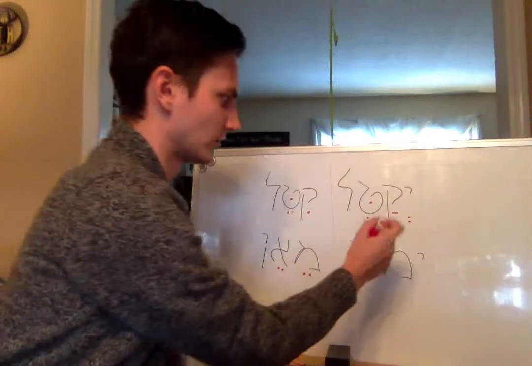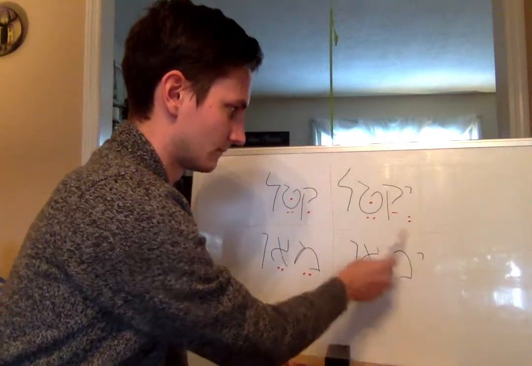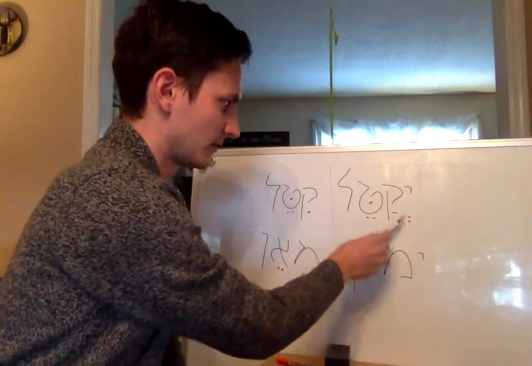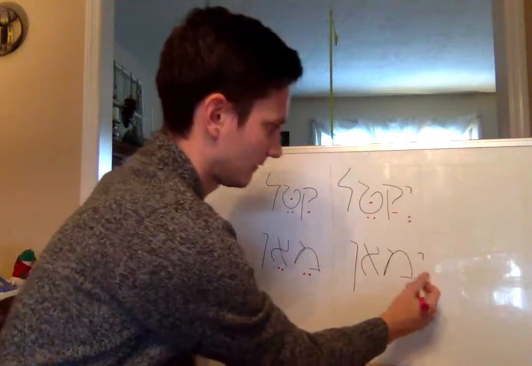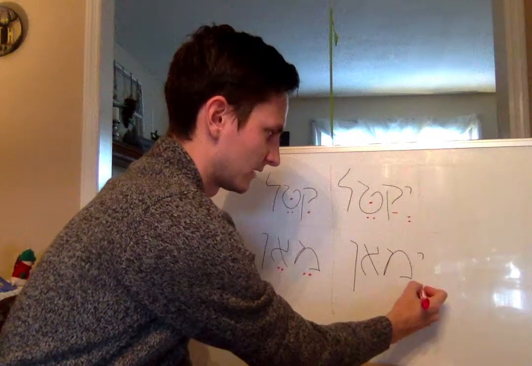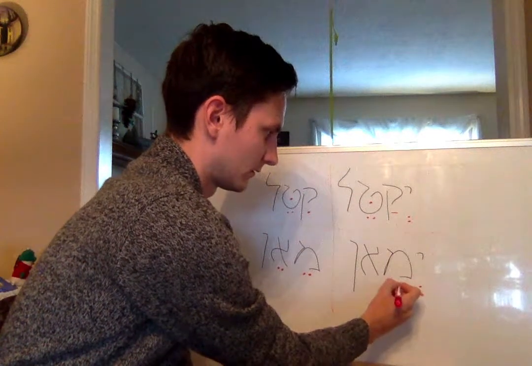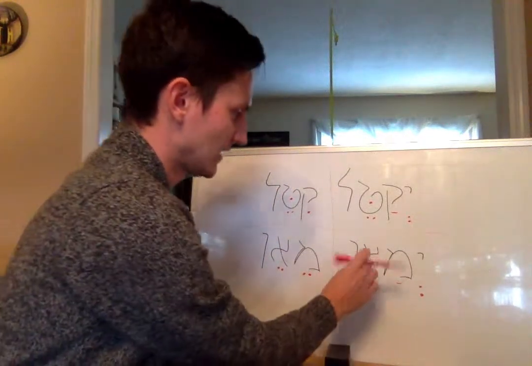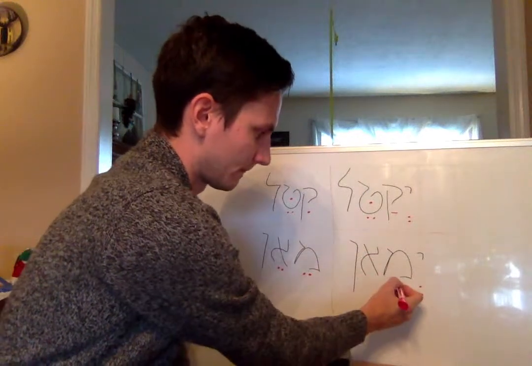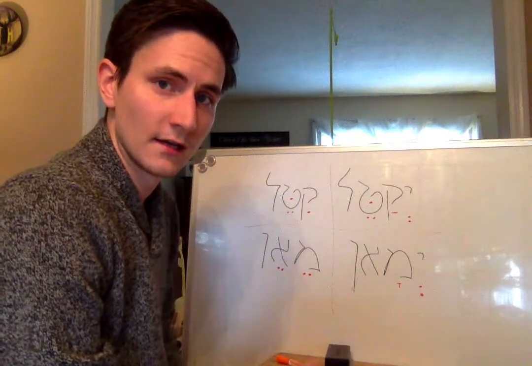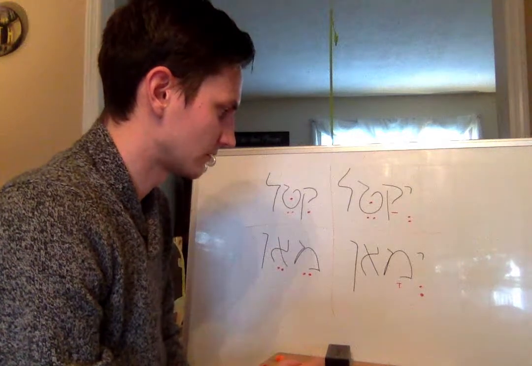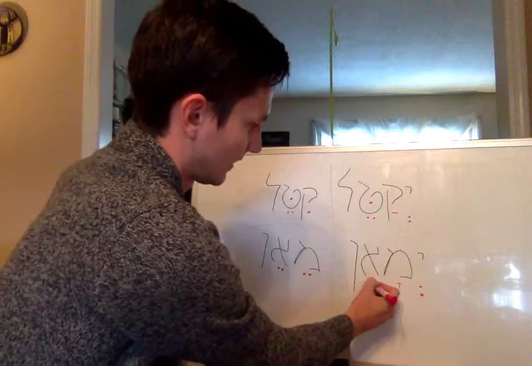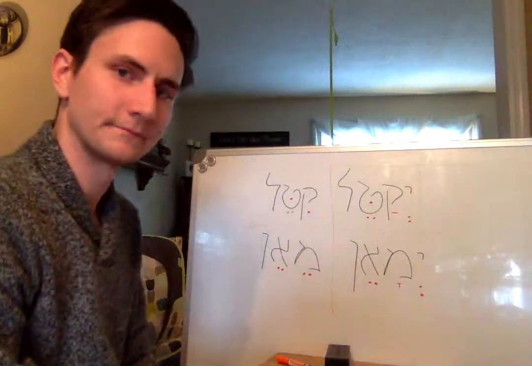For the imperfect, same issue. This is, again, ma'an in the imperfect. You can see our basic system up here, shava, patach, doubling. Okay, so same thing. If we start putting the things together, shava, patach, doubling, uh-oh, it can't take it. So what does it do? It kicks it back, and it lengthens the patach to a kametz, from a short A to a long A. And then this vowel stays the same.